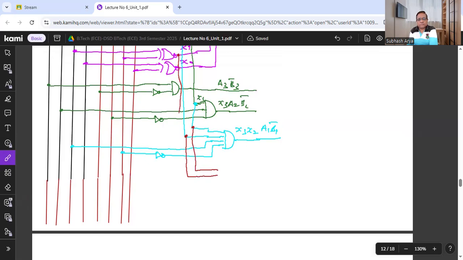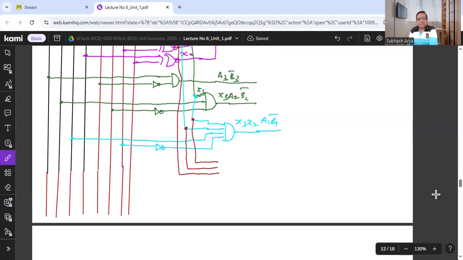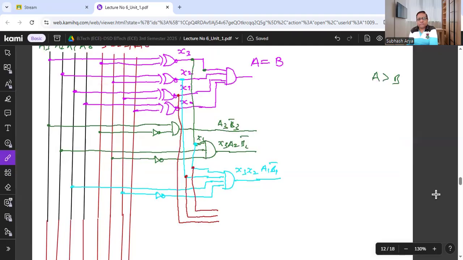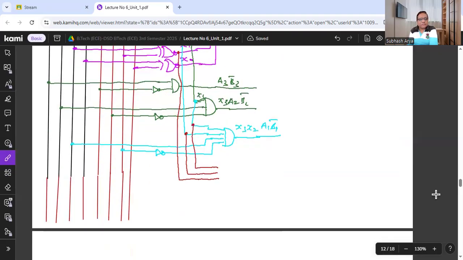Now the last bit is here, A0. A0 has to be 1, and B0 has to be bar. So B0 bar. Now these outputs will become the input of the AND gate.